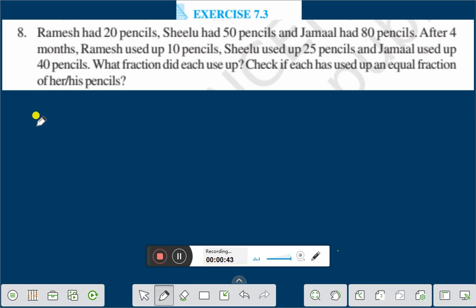Ramesh used up how many part? We will find the fraction first. Solution of question number 8.